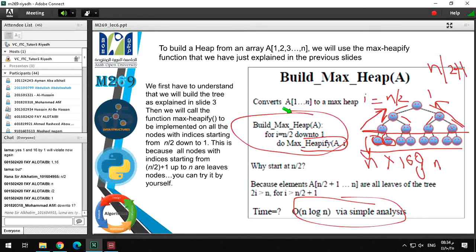Yes, Mohamed Atef. What do you mean by this?